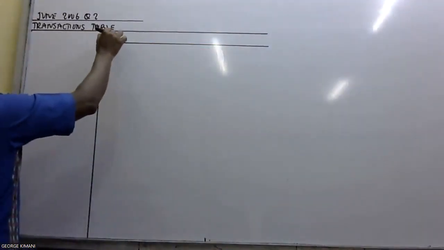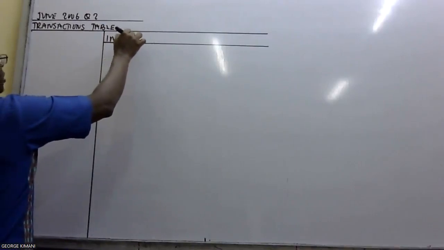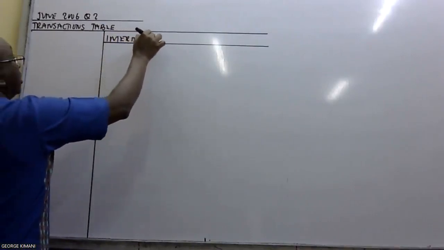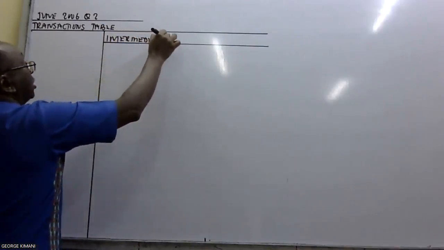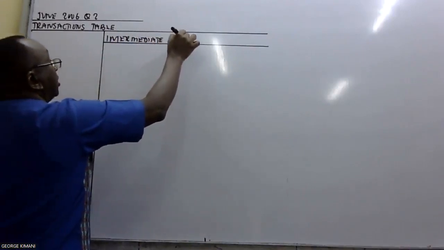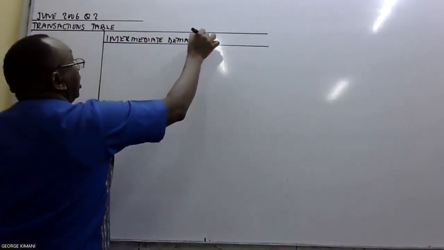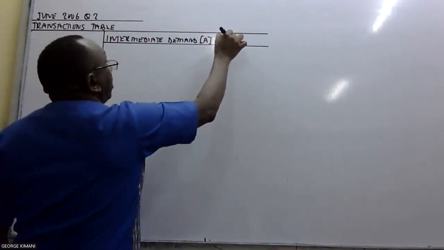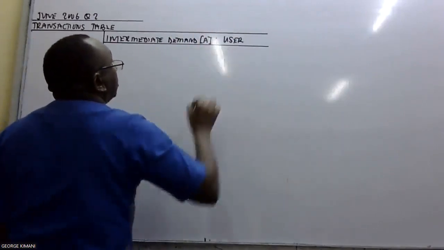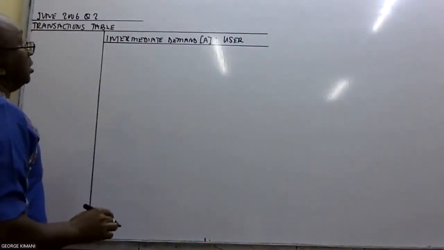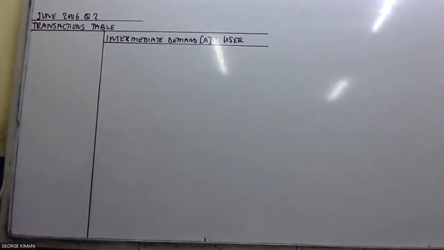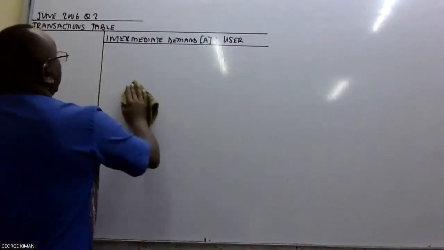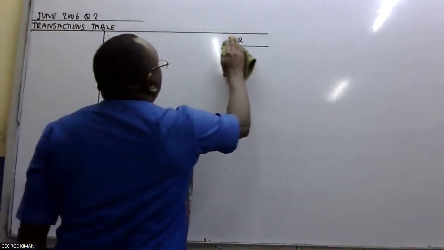So here we have intermediate demand that is normally represented by A, or maybe let me put it in a better way.